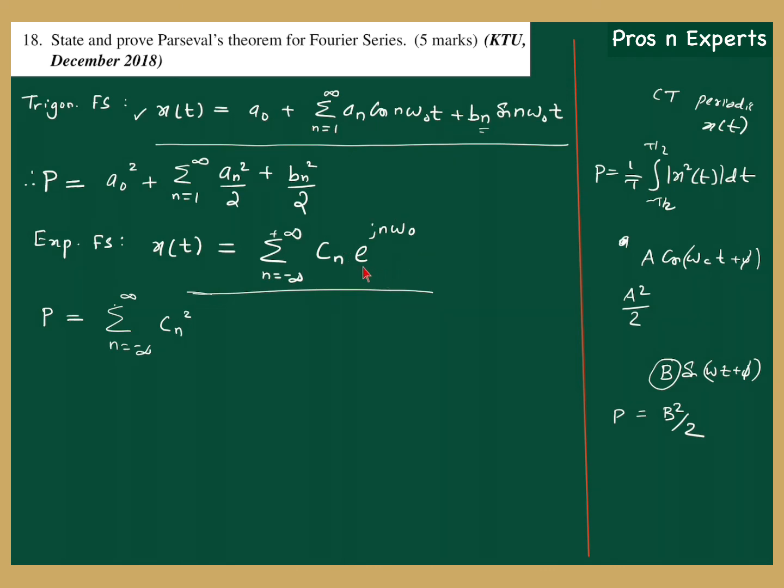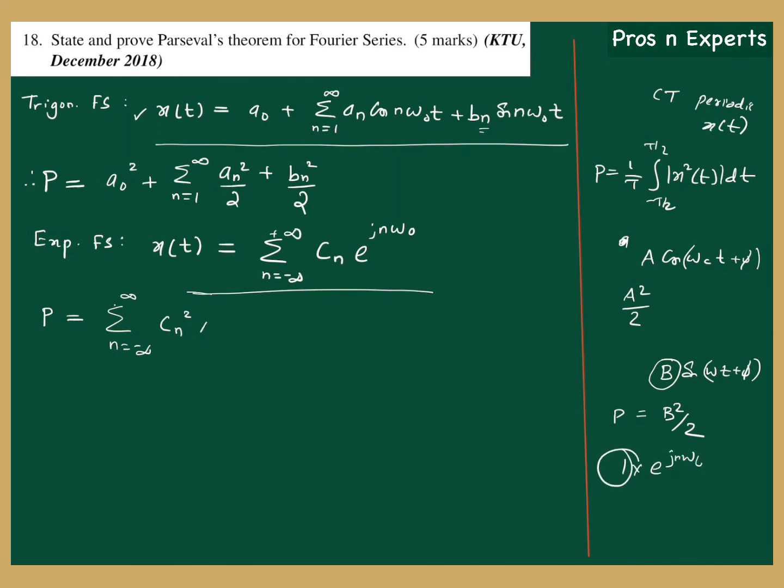You would be thinking e raised to j n omega 0 t square, but that is wrong, because I have already told you power is evaluated using mod x square of t. You take the modulus wherever you find a complex signal. Here e raised to j n omega 0 t is a complex signal, so what is its magnitude? E raised to j n omega 0 t is actually 1 into e raised to j n omega 0 t, so the magnitude is 1.